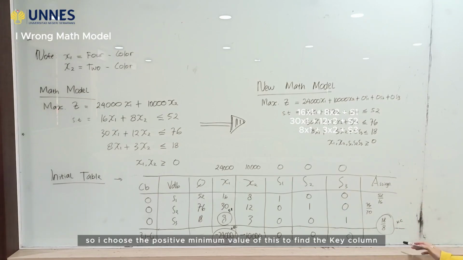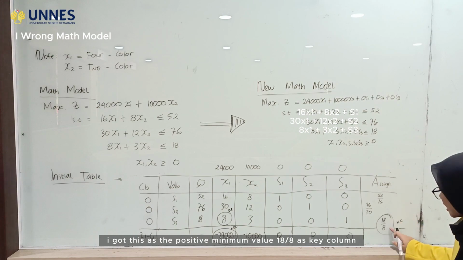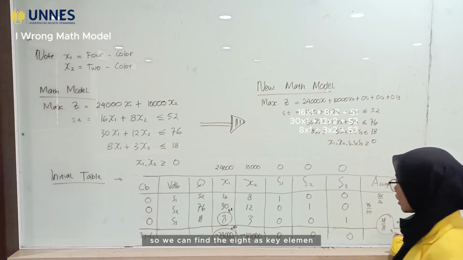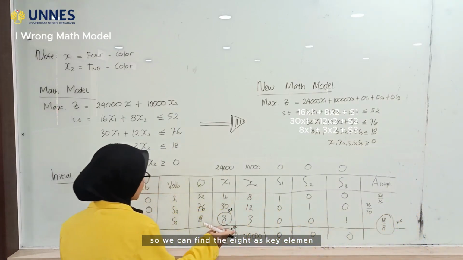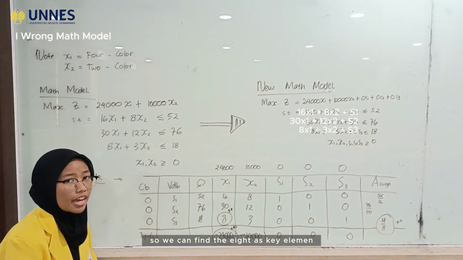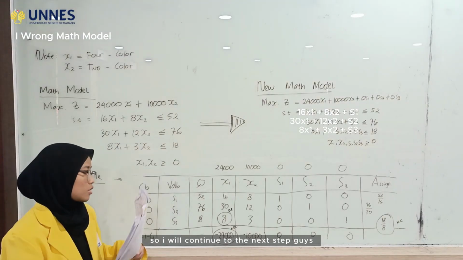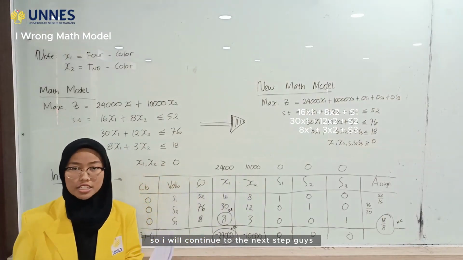I choose the positive minimum value of these to find the k row. I got 18 over 8 as the positive minimum value. So we can find 8 as the k element. I will continue to the next step, guys.